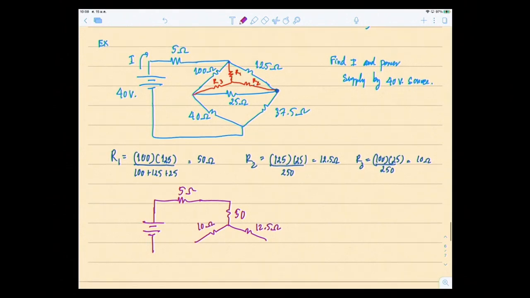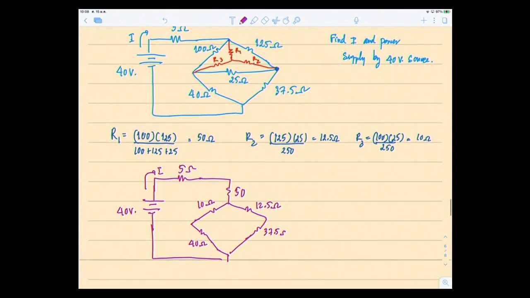Okay, and then you connect it to the 40 ohms and the 37.5 ohms. So the 40 volt source and this current I.